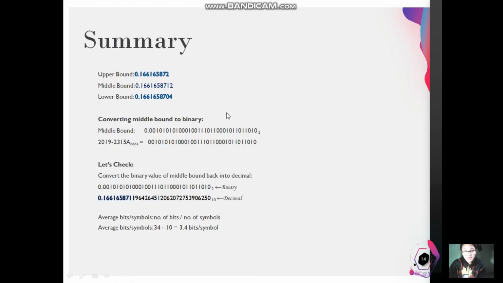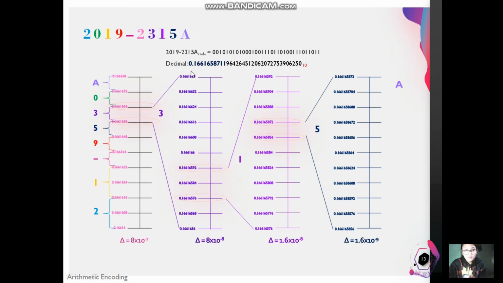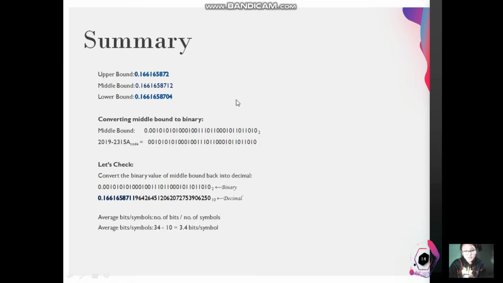And next is the A. And this decimal value can be seen in between the boundary of 0.166165872 and 0.166165874.